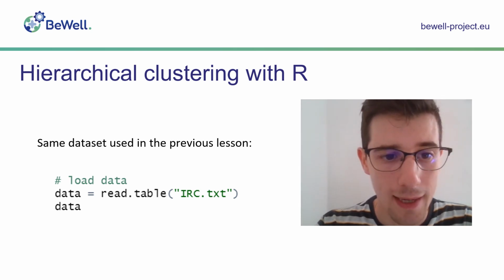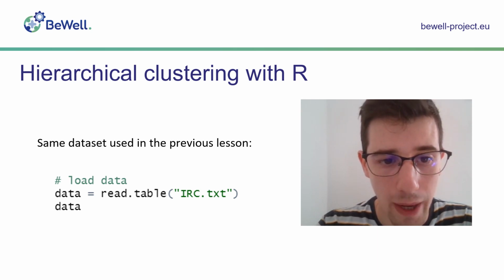And now, let's see this new technique in practice and compare it with the results obtained using k-means. For sake of comparison, we use the same dataset we used in the previous module about k-means. I remind you that when we solved the problem with k-means, we repeated the analysis for different values of k.